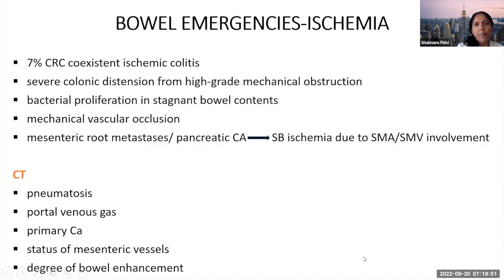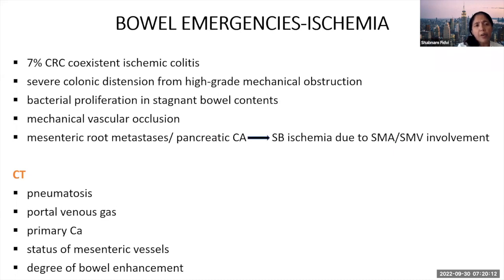So within bowel, the first important emergency is ischemia. Almost 7% of patients with colorectal cancer can present with coexistent ischemic colitis. A high-grade mechanical obstruction can cause severe colonic distension with resultant ischemia.